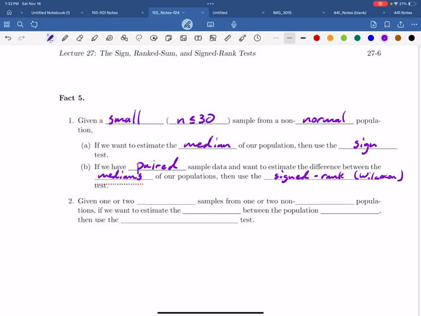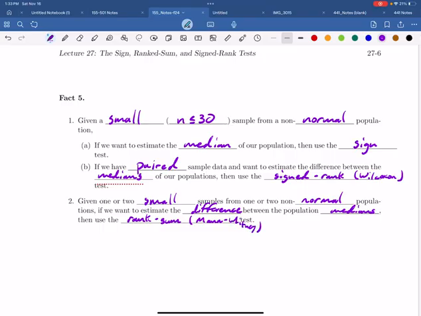Given one or two small samples from one or two non-normal populations, if you want to estimate the difference between population medians, then use the rank sum or Mann-Whitney test.